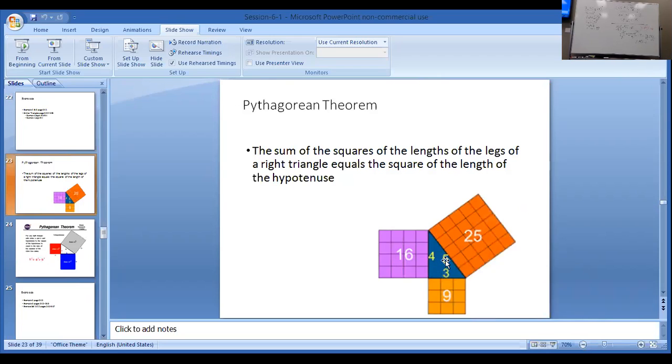Well, 5. Yeah, 5. And these two are the legs, 4 and 3. So if you square 4, 16, square 3 is 9, add them up, you get 25, which is the square of the hypotenuse. And that's how we solve that example of the ramp.